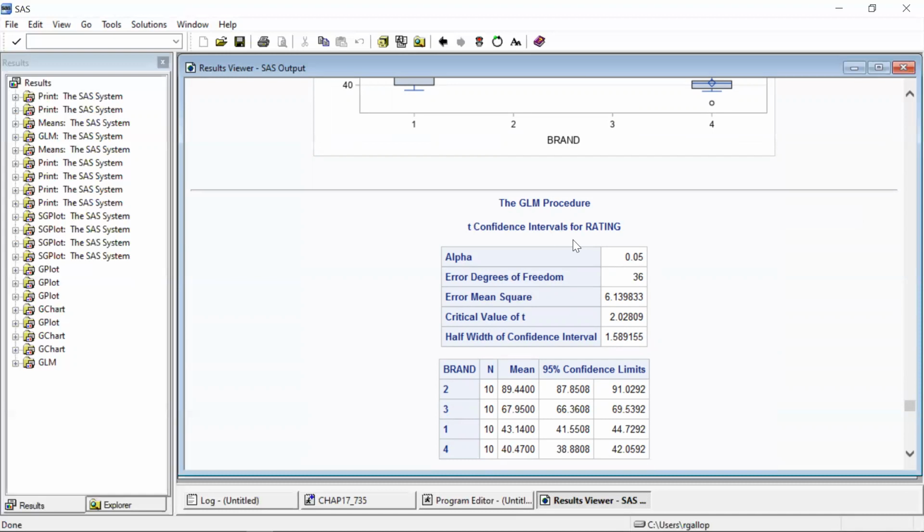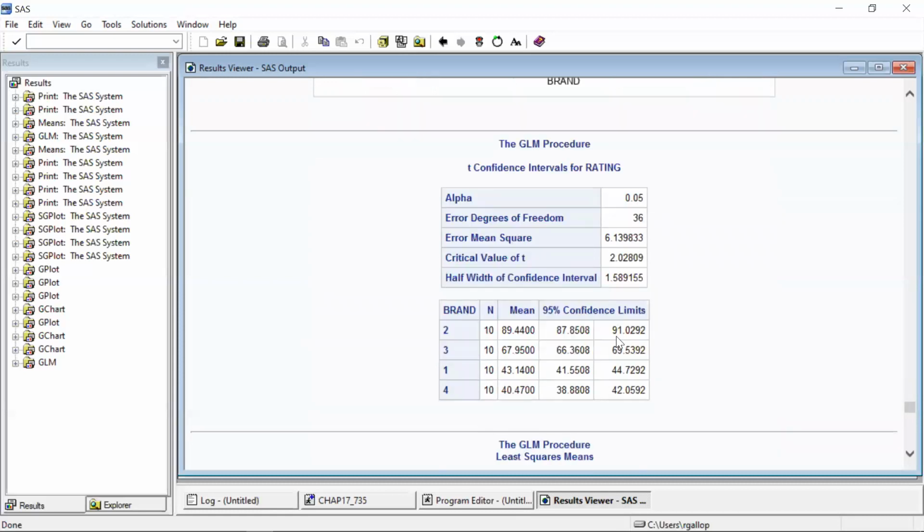As we start eyeballing this, it gives me the error degrees of freedom, so again our N total minus the number of levels. So 40 minus 4 is 36. This gives me the MSE, the critical T for the MSE, and the respective half width of the confidence interval.